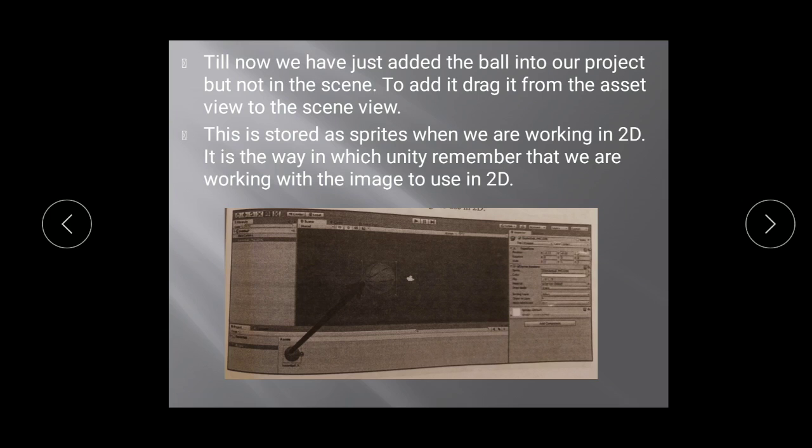This process, folder to asset view to scene view, is called sprites. The system also remembers by this process that we are working in 2D. It is the way in which Unity remembers that we are using the image in 2D, and that format is called sprites.